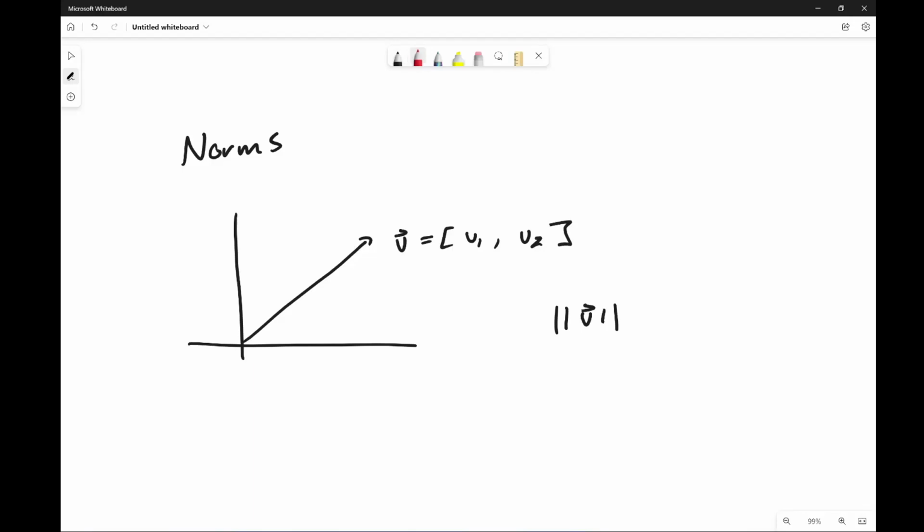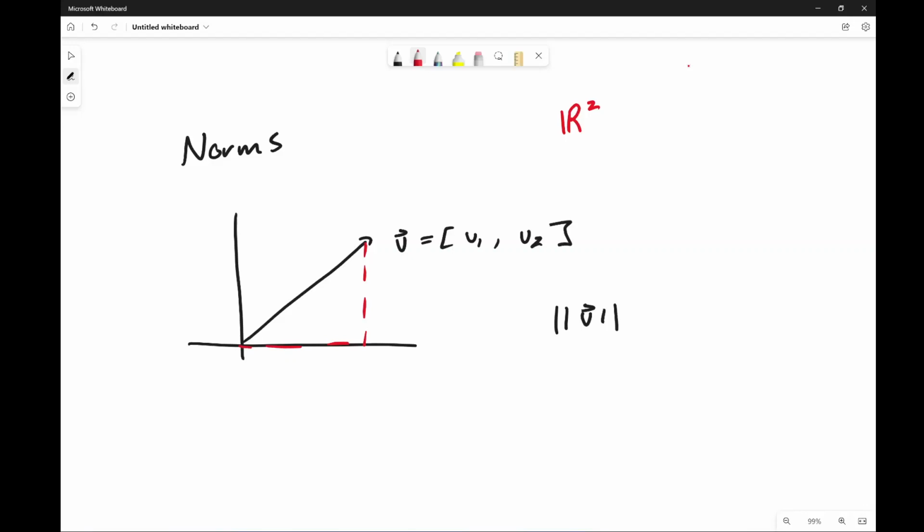If you think about it, in R2, how would we calculate norm? The words I'm using may sound a little complicated because you may not be familiar with them yet, but it's actually a pretty easy task. We've probably done this many times in our mathematical careers. This is none other than the Pythagorean theorem.